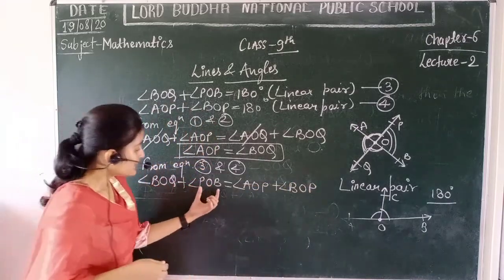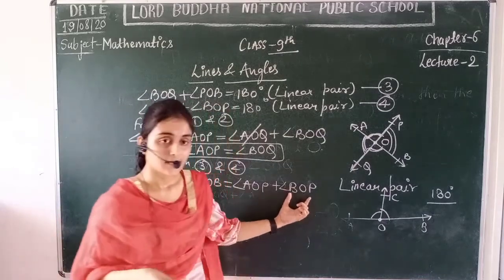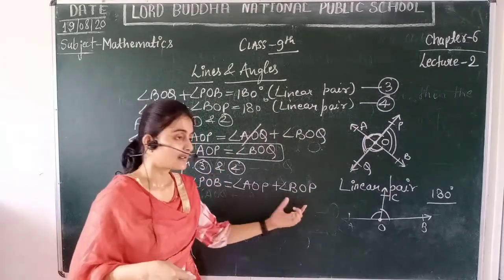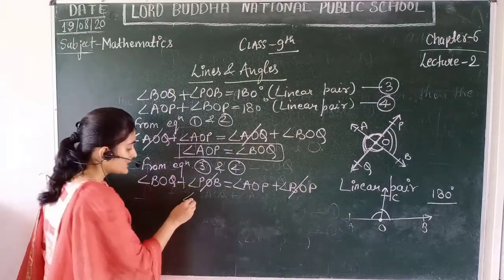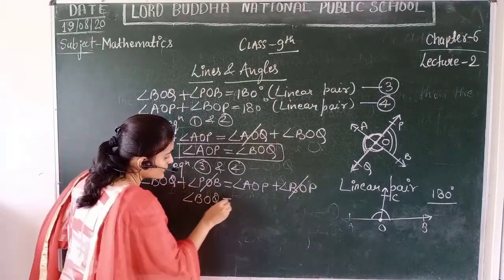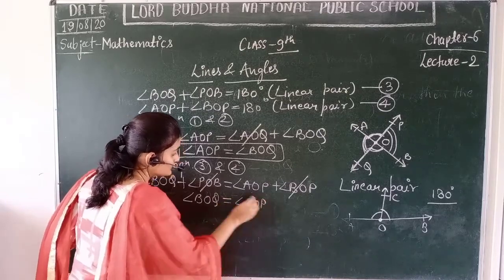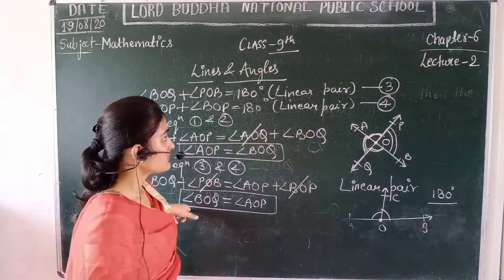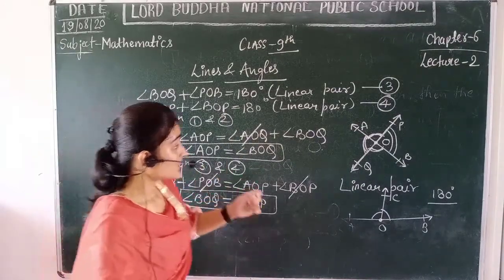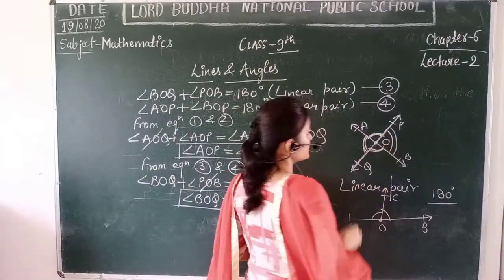Now, angle POB and BOP are the same angle. When they get subtracted, you will get 0. You can cancel them out. So what did you get? Angle BOQ equals angle AOP. Right? You again got the same result between these two lines.